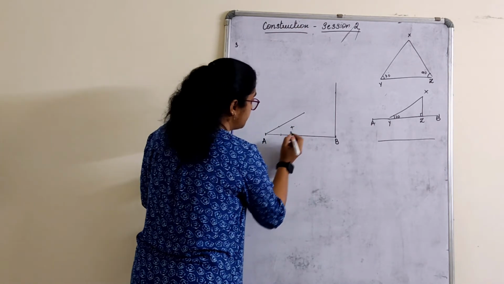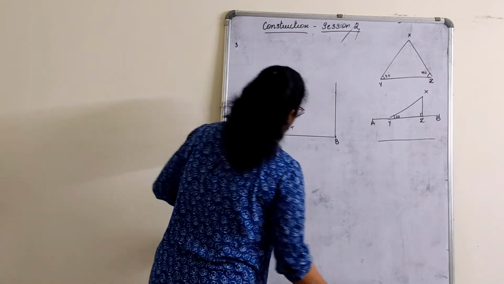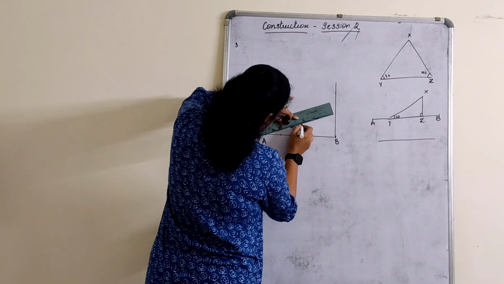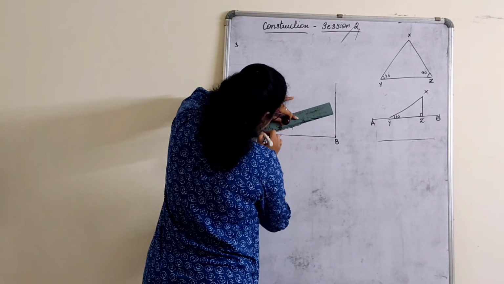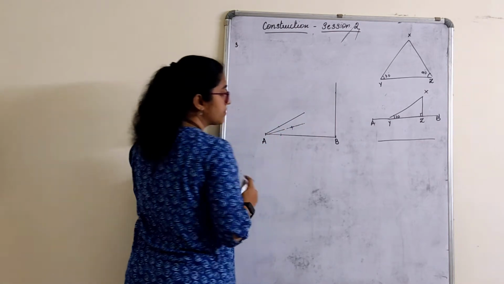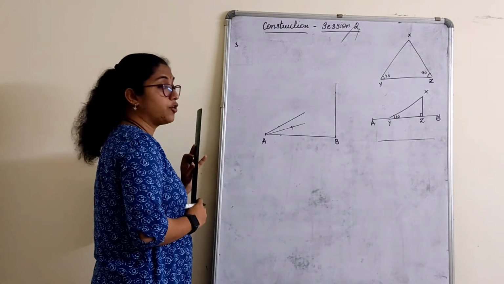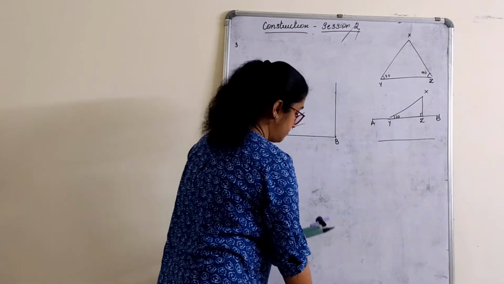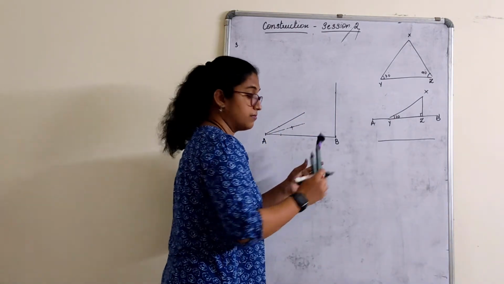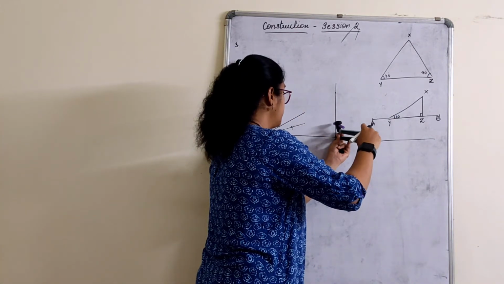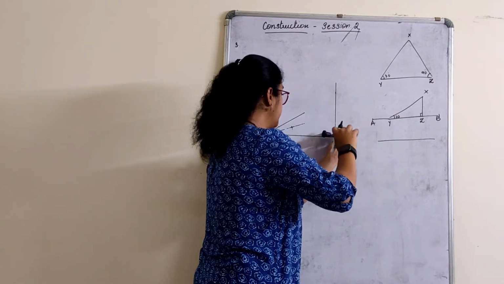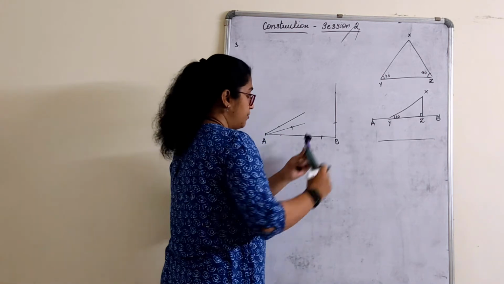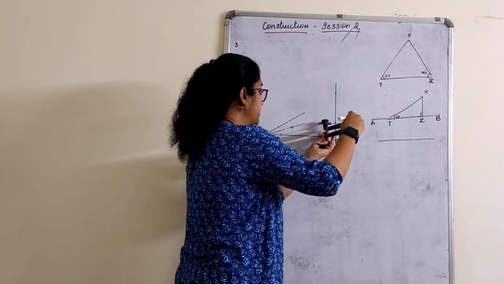So it comes here. Let me draw the angular bisector of this angle. Similarly, I have to draw the angular bisector of 90 degree as well. Cut here and cut here. From here again, angle bisector.